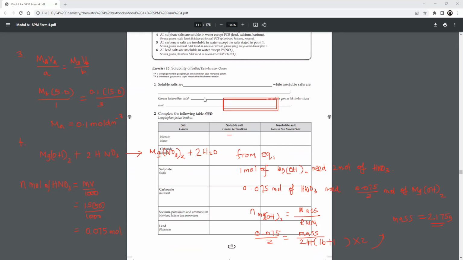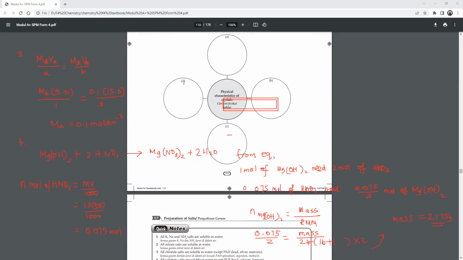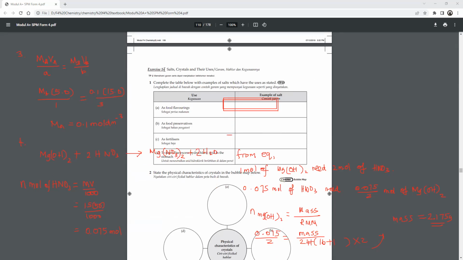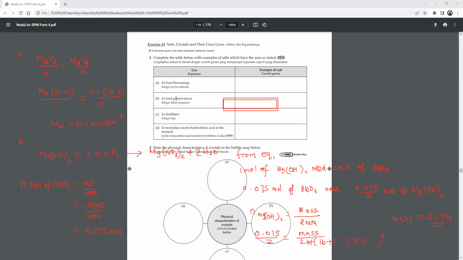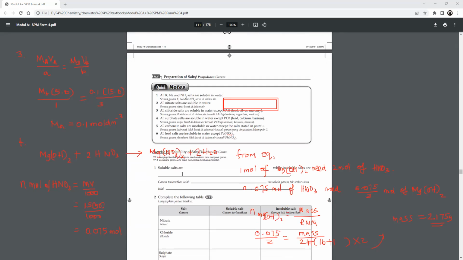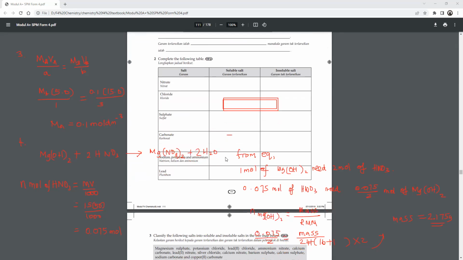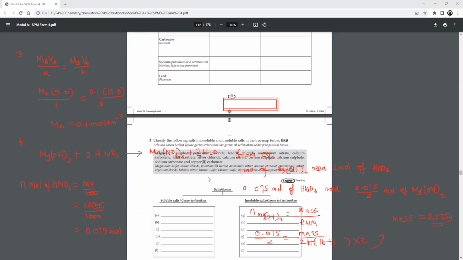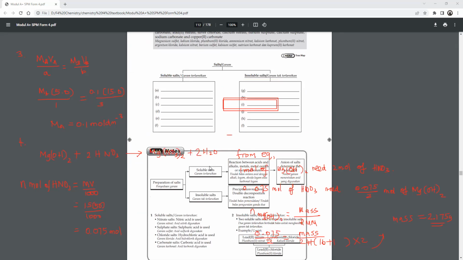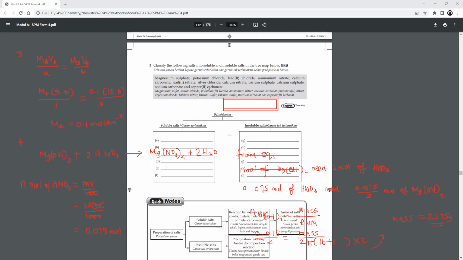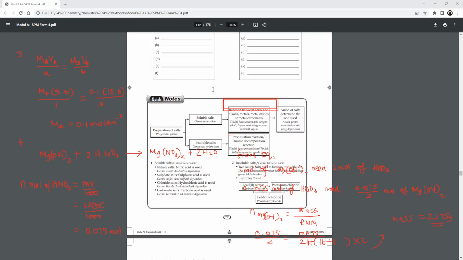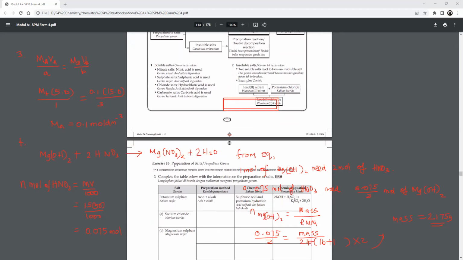Number 3, if you can do it, do it. Page 110, question number 14, 1, 2, and then page 111, number 1, 2, 3. You need to differentiate which one is soluble and not soluble. Not very hard. All right. Is that okay? So next week we are going to see how to prepare the salt.